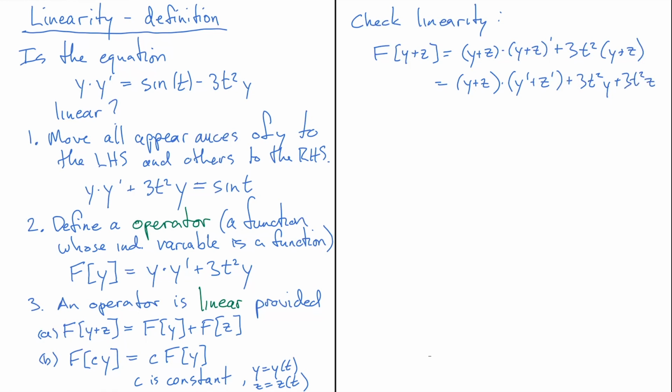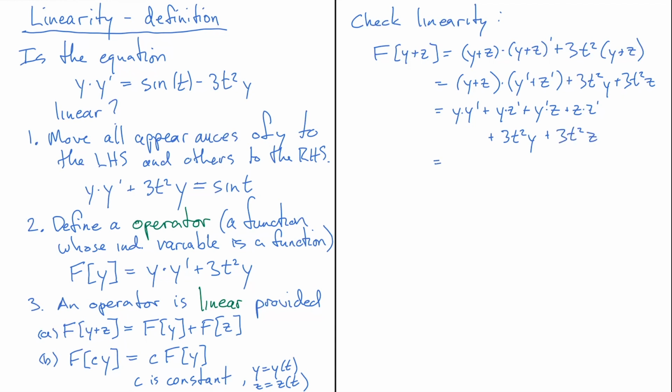And now I have to multiply out this big binomial, and I get y times y prime plus y times z prime plus y prime times z plus z times z prime plus 3t squared y plus 3t squared z.